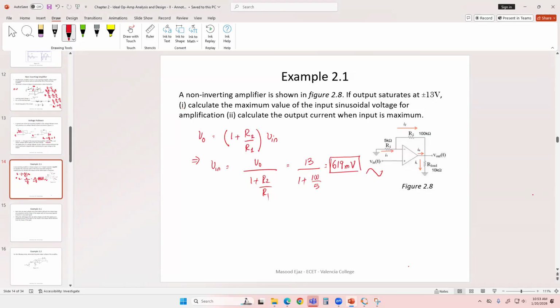Any value of the input which is more than 619 millivolt peak value is going to make the output saturate, because this value is going to take it to 13 volt, and any value more than that is going to make the top flat and the bottom flat. So there's a maximum value allowed to get to 13 volt.